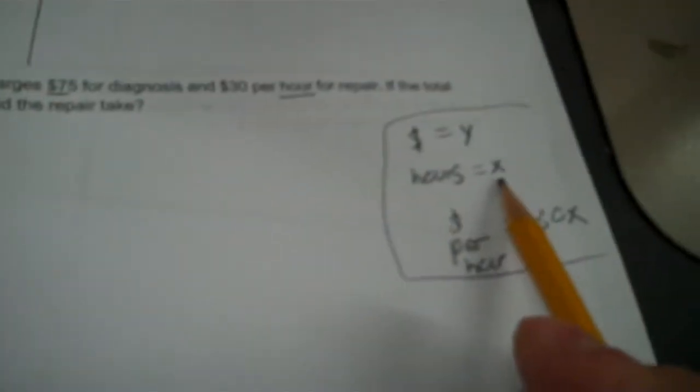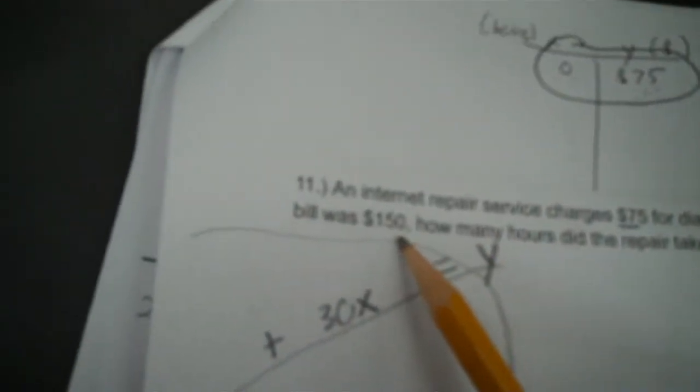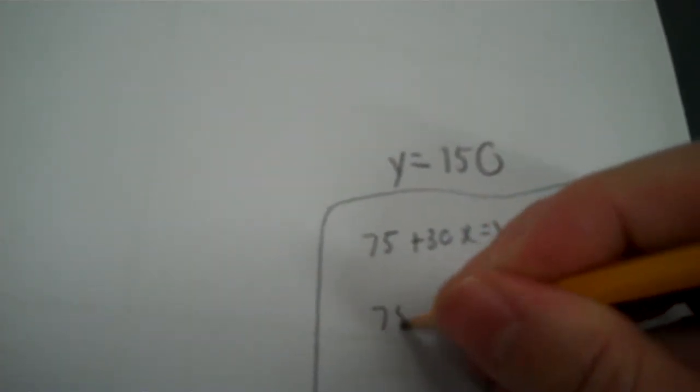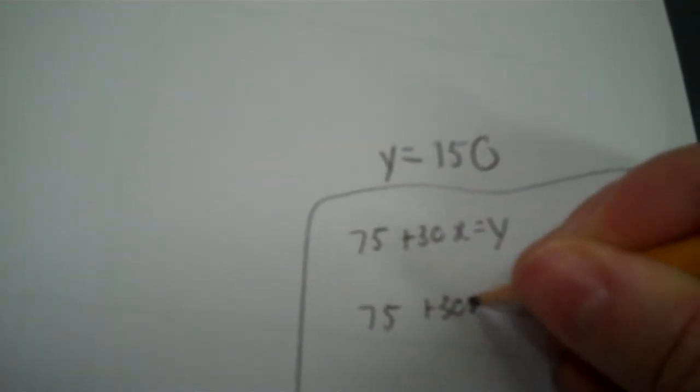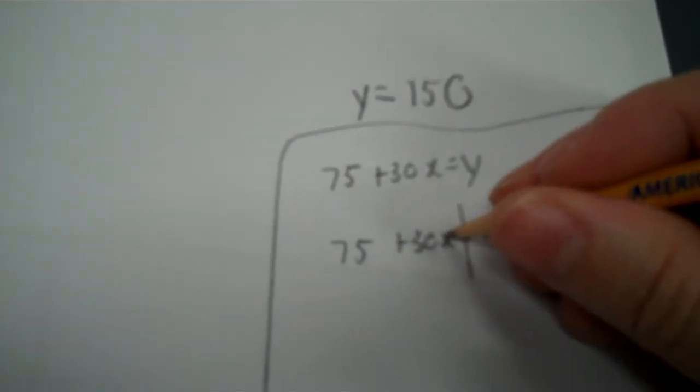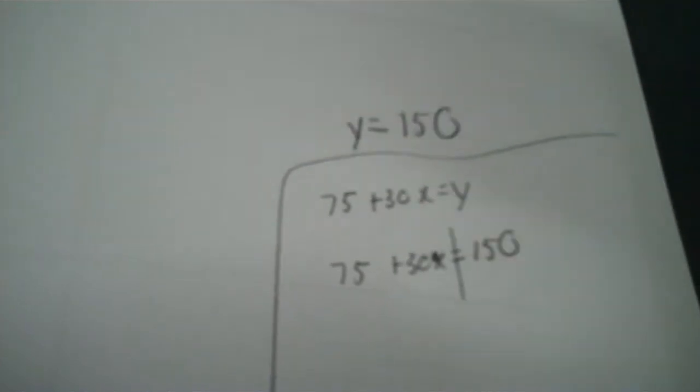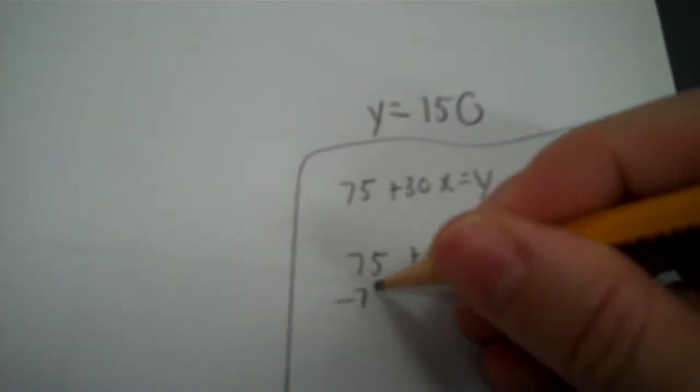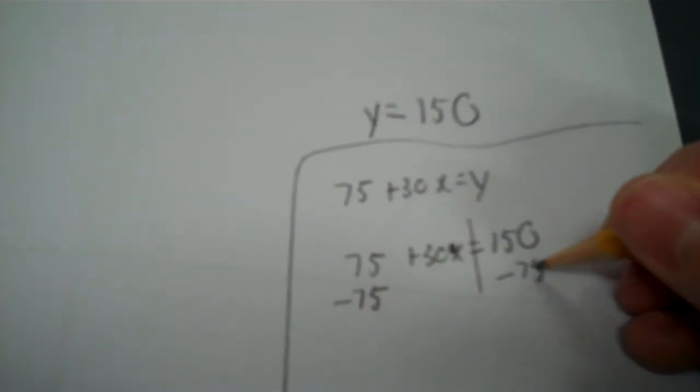Now I need to figure out how many hours this took, so I'm solving for the x. That means I have to put a number in for the y, and the number I put in is $150, because y is money and the total money is $150. And now I can solve for x. We have a times 30 and a plus 75, so I do the opposite of plus 75 first.